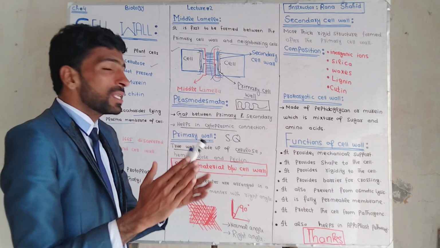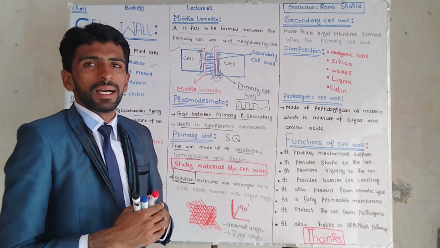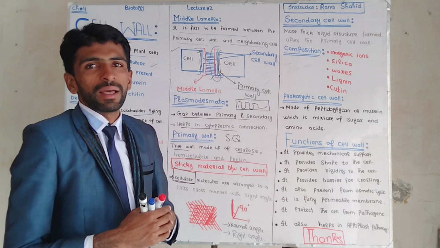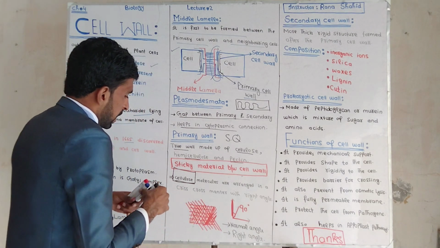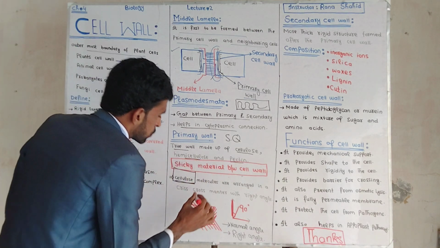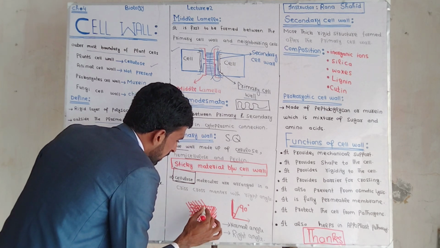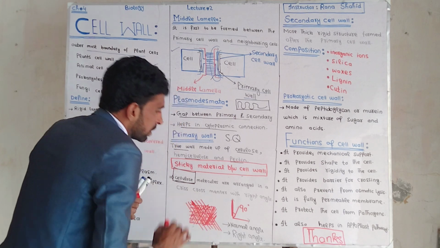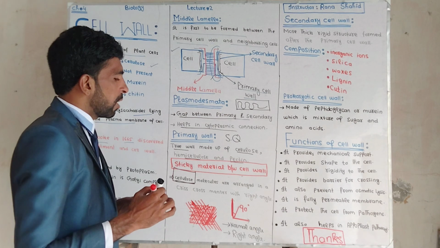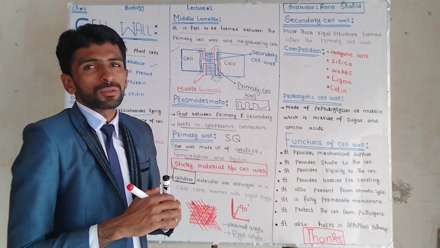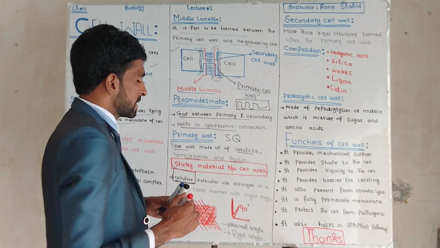These cellulose fibers are arranged in a crisscross manner, at right angles, perpendicular to each other. These small glucose units are arranged in a crisscross manner, and when seen under the ultra microscope, they show a perpendicular 90 degree angle.